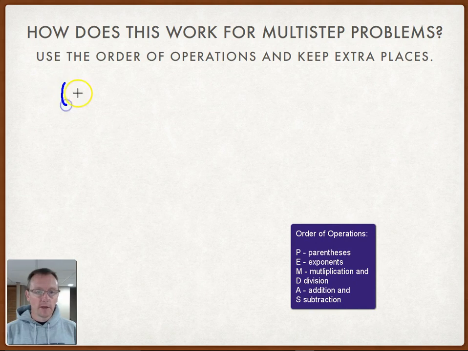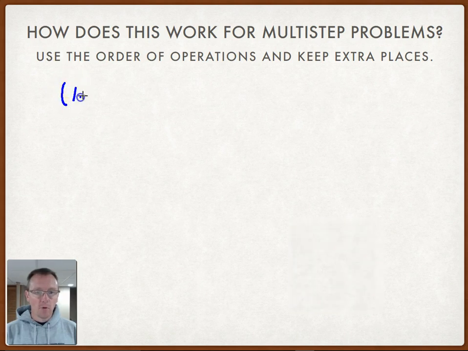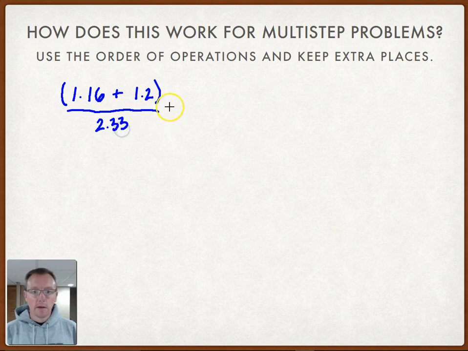So let's imagine for a moment I have 1.16 plus 1.2, and I'm going to divide that by 2.33. Okay. So what would be my actual answer in physics?